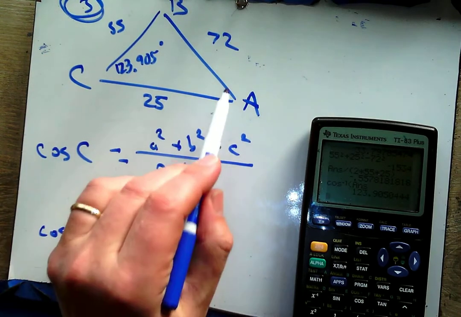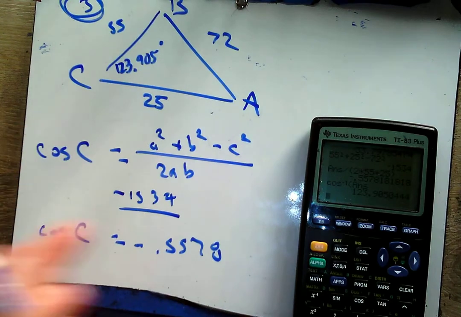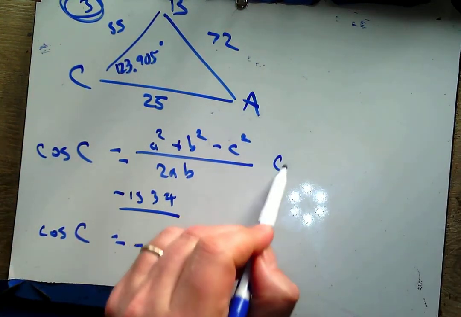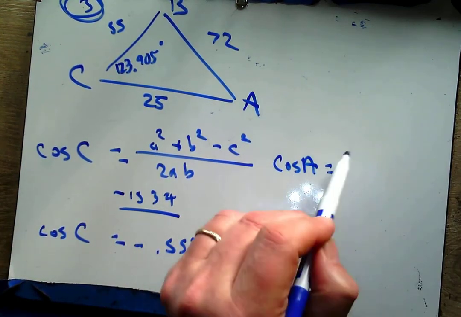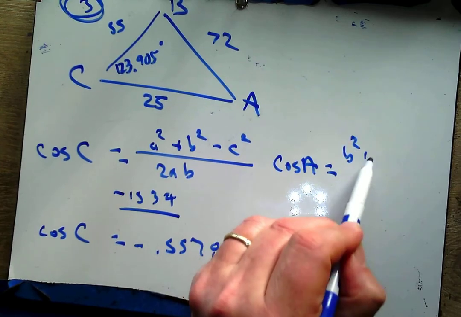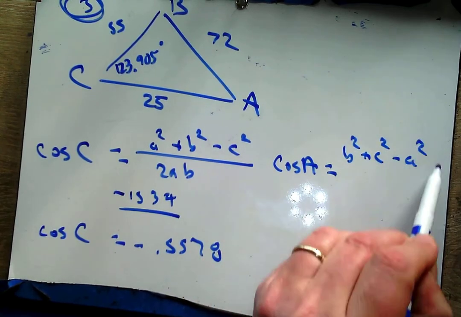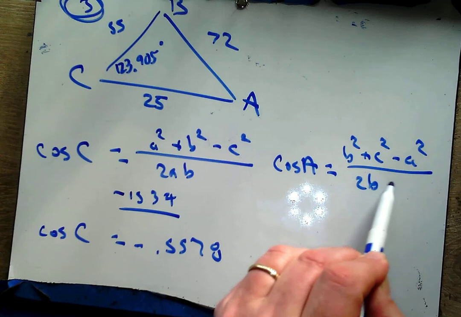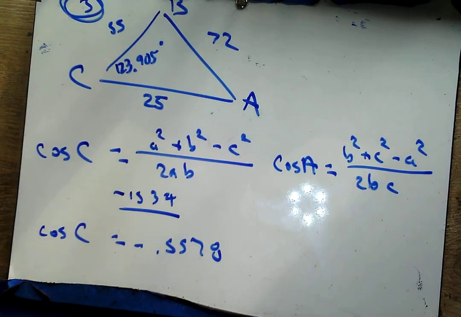Good. And what about this angle? Well, that would be cosine A equals B squared plus C squared minus A squared over 2BC. All right, so 25 squared plus 72 squared minus 55 squared.